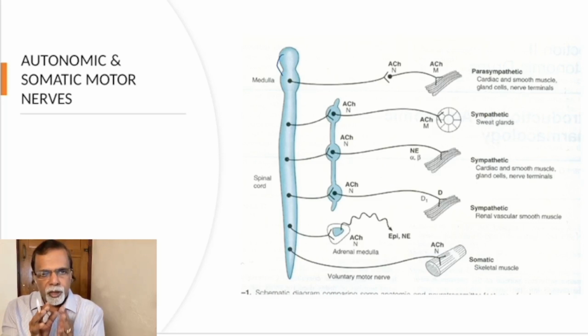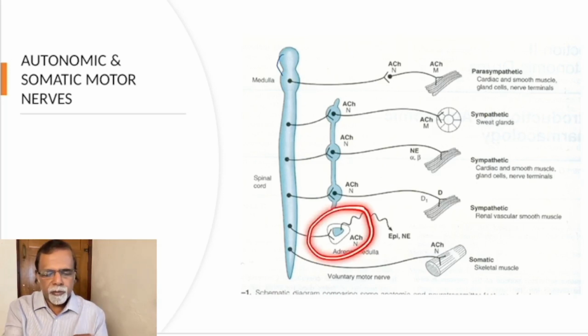In the postganglionic neuron, the sweat glands are supplied by cholinergic sympathetics. What do you mean by cholinergic sympathetics? These are part of the sympathetic nervous system, but are supplied by acetylcholine. And again the adrenal medulla. Again you can see that there is a preganglionic neuron.